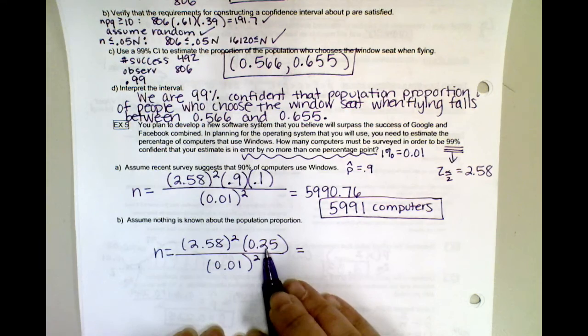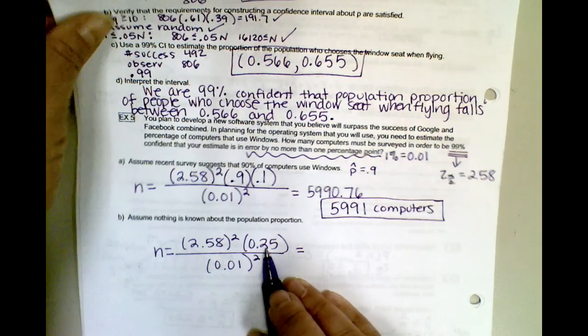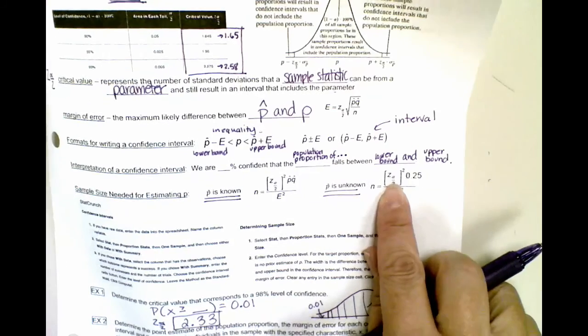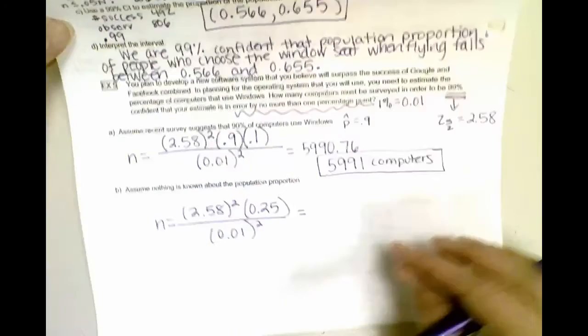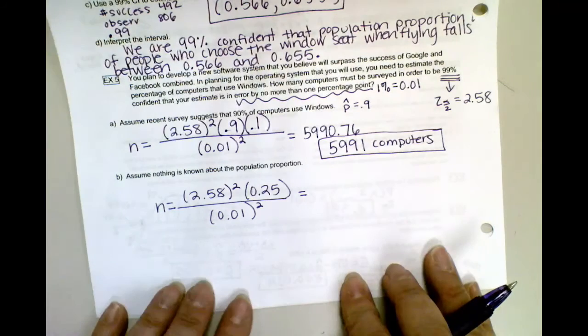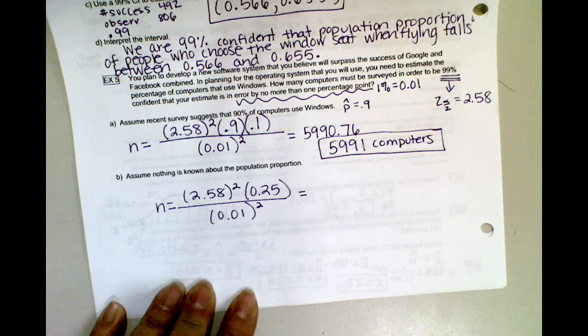The 0.25 comes from the formula directly. So z sub alpha over 2 squared times 0.25. The reason it's 0.25 is because if we don't know, we're assuming that p hat is 0.5, which makes q hat 0.5 also.